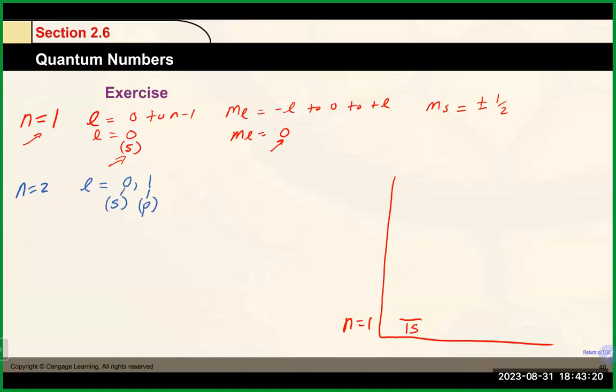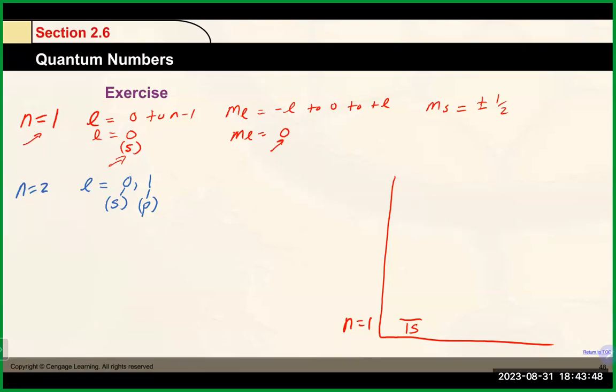Now, for each of these L values, we can have m sub L values. But we already know that on the second energy level we still have s orbitals. And this is why on the second energy level is where we first see p orbitals appear, because that is the only acceptable level at which they can appear.